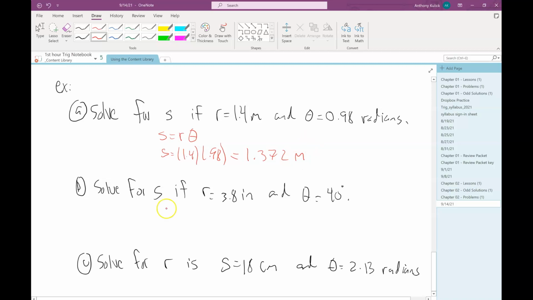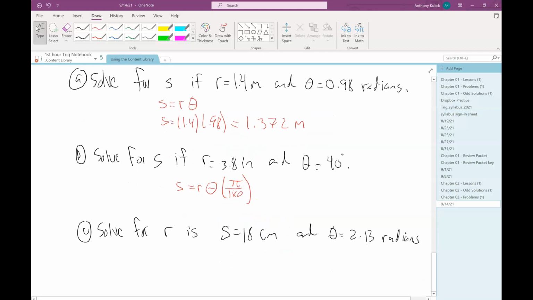Let's look at part B. Here we're asked to solve for s if r is 3.8 inches and theta is 40 degrees. Since theta is in degrees, we're going to need to use our degree formula, which includes the conversion factor pi over 180. So I have r, which is 3.8, theta, which is 40 degrees, and then my conversion factor, which is pi over 180.